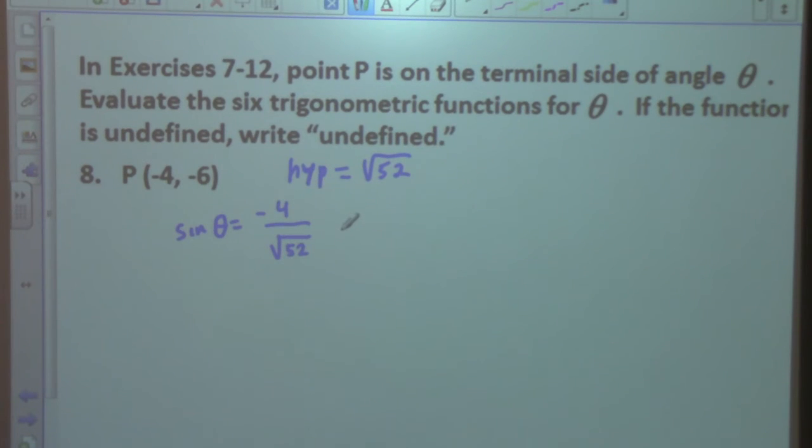Okay, and then the opposite is going to be square root of 52 over -4. Cosine is going to be -6 over square root of 52. And the opposite of that is going to be square root of 52 over -6.